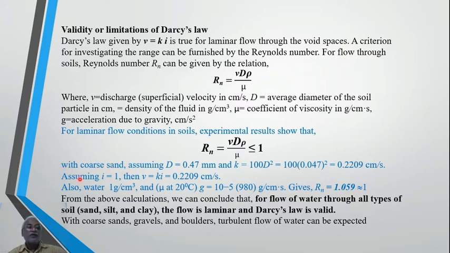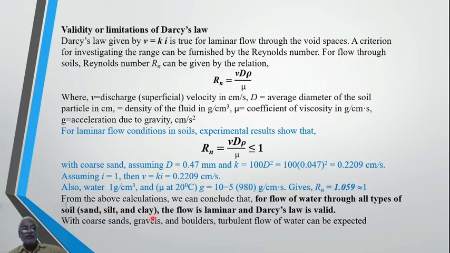Now if the particle size becomes smaller, the velocity becomes lesser, and because of that Rn comes out to be less than 1. So from the above calculations we can conclude that for flow of water through all types of soil, sand, silt and clay, the flow is laminar and Darcy's law is valid. With coarse sand, gravels and boulders, turbulent flow of water can be expected.